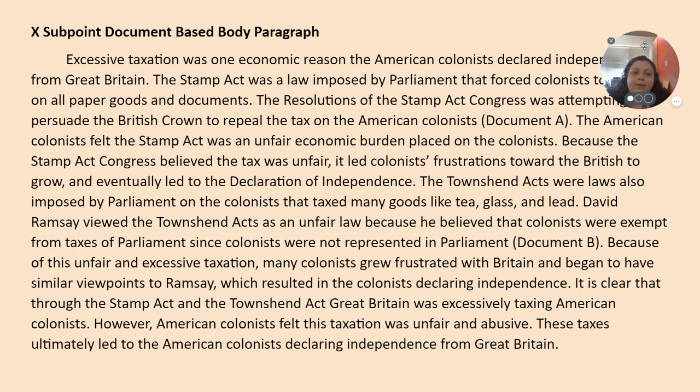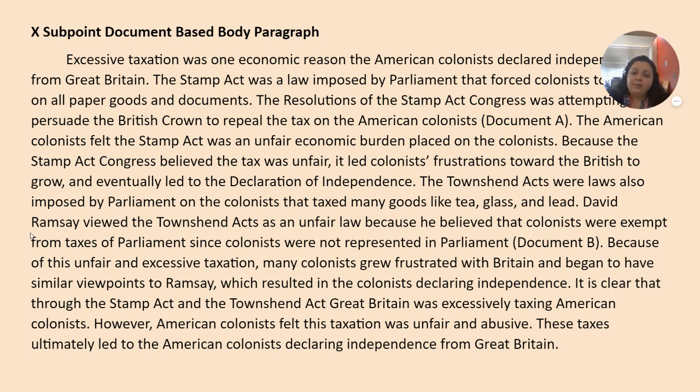So now we HIP the second document. And again, we announce it. The Townshend Acts were laws also imposed by Parliament on the colonists that taxed many goods like tea, glass, and lead. So again, this is basically like a definition of what this was.